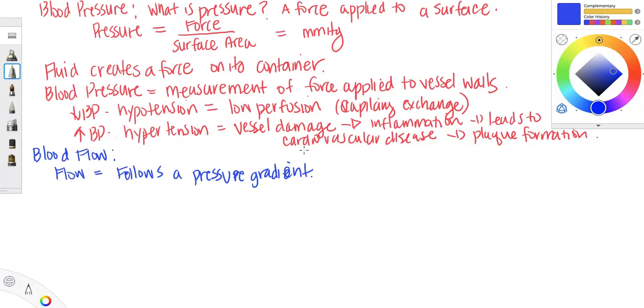That is a gradient going from high to low. Blood flow follows the same type of thing, a pressure gradient. So it flows from an area of high pressure to an area of low pressure. So basically from a high pressure zone to a low pressure zone.